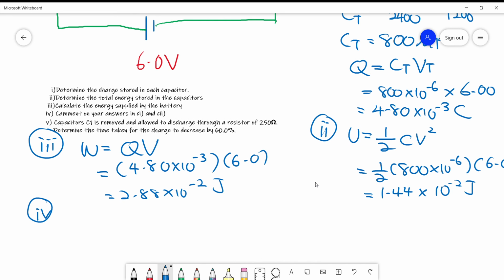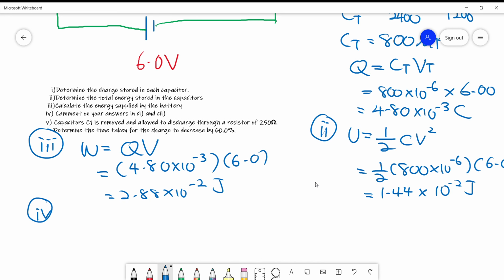So C2 and C3, basically the difference is 2 times. 2.88 is 2 times of 1.44. So I can say that when electrical energy is supplied to charge the capacitor, half of the energy is dissipated as heat to the surroundings.